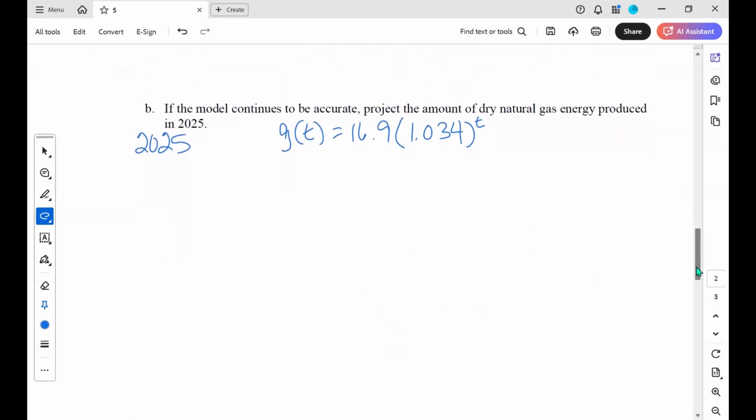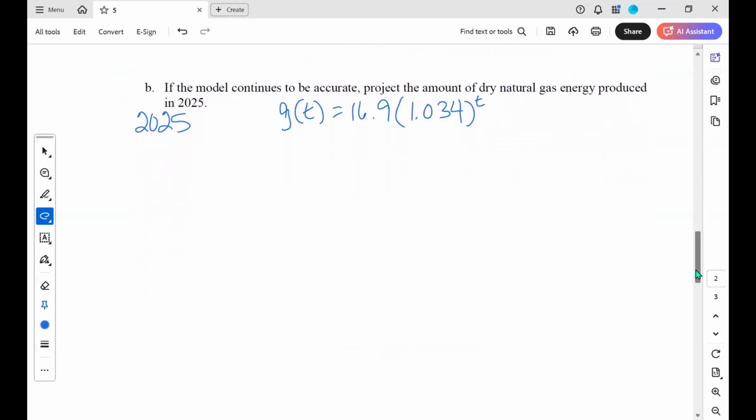All right, so this 2025 is going to give us t equals 25, because we already determined that it's the last 2 digits in this case. So t equals 25. We're going to plug that in. So we'll have G is 16.9 times 1.034 raised to the 25th power.